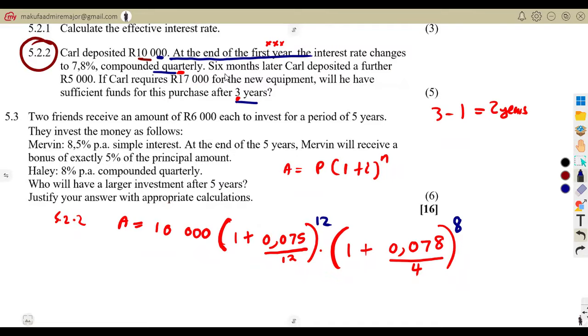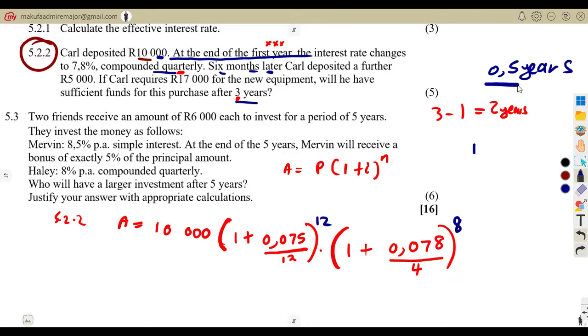Then what happened? 6 months later, after the investment, 6 months later, guys, it's 1 year. 6 months, in terms of years, it's 0.5. It's a half year. So remember, we have covered 1 year.